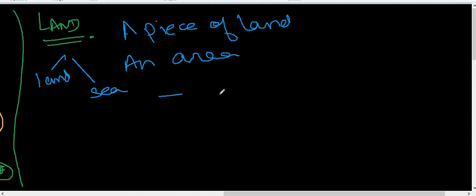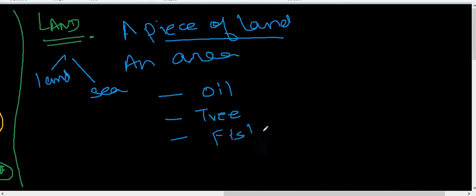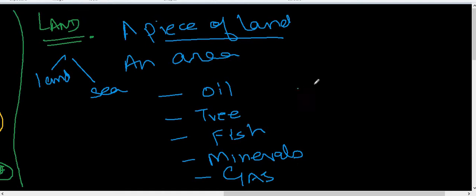For example, I know you've said a piece of land, but what about other natural resources? I'm talking about natural resources like oil, trees, maybe fish, minerals, gas, vegetables, flowers.